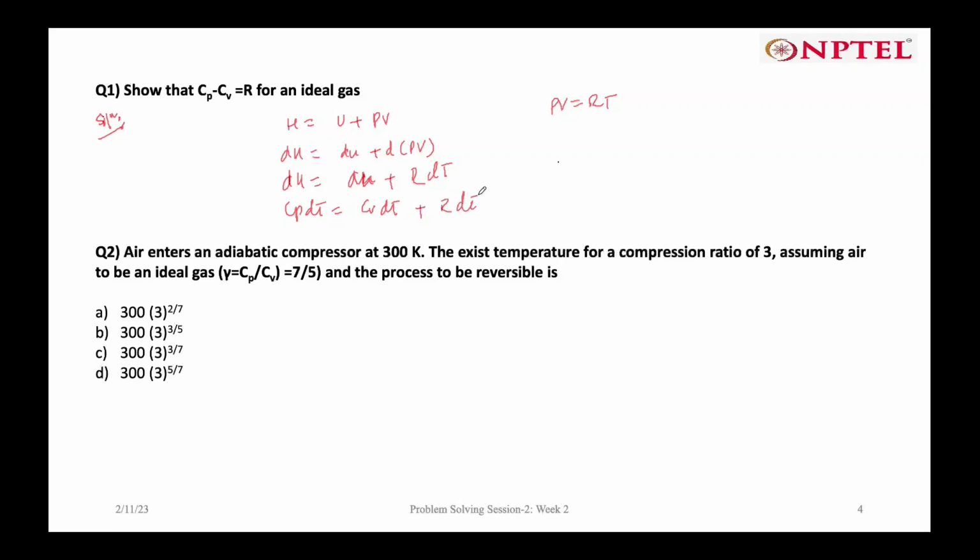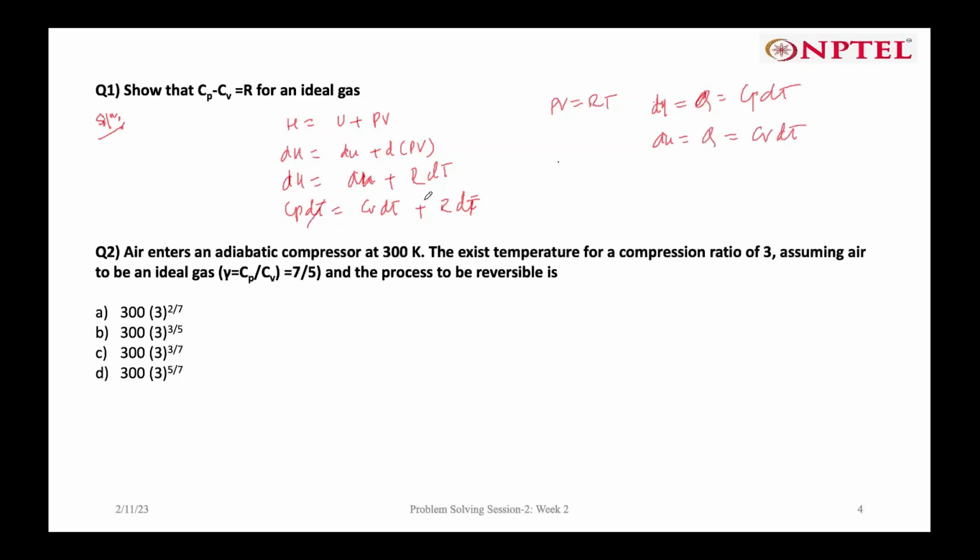So heat capacity at constant pressure, Cp dT, is equal to dH, and for constant volume dU is equal to Cv dT, right?